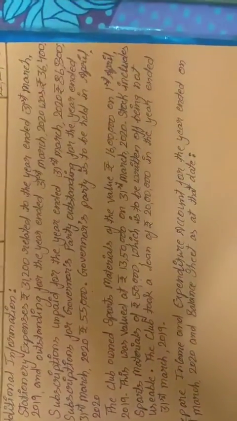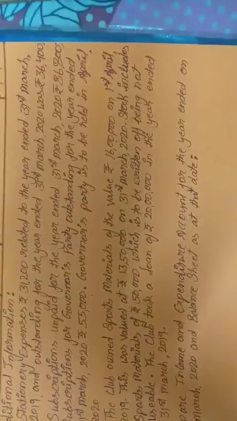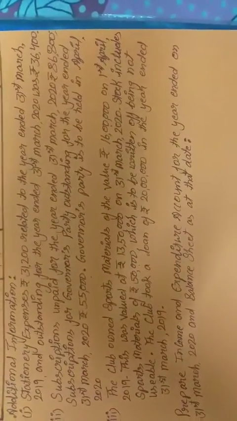It is clear. But what will be the consumption value? It will be the opening balance and the closing balance. The difference of this will be consumption. So if there is a consumption, that will be the cost for the organization, for the club.